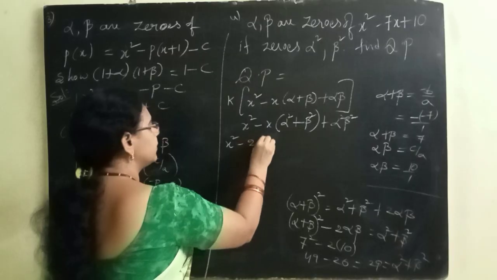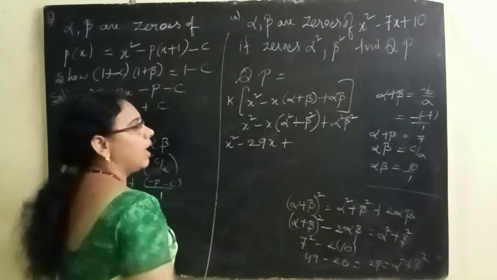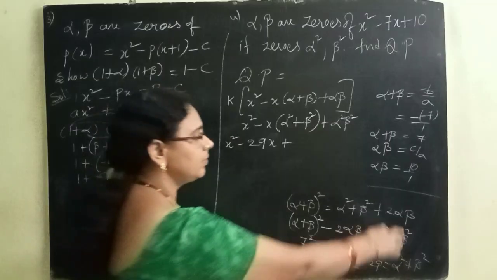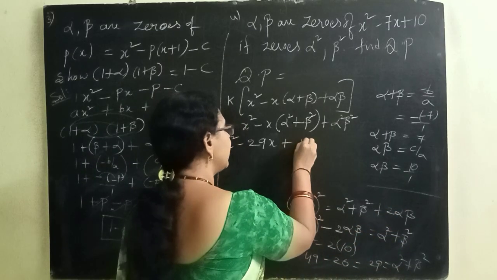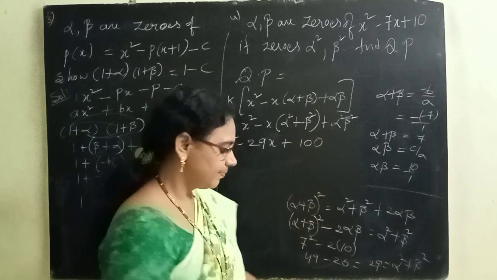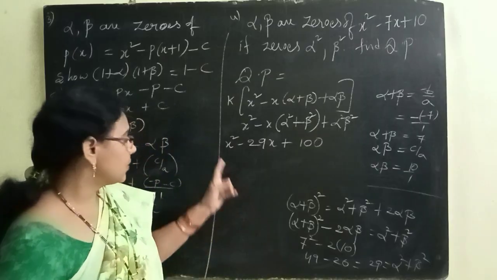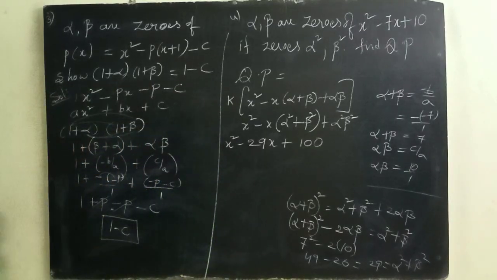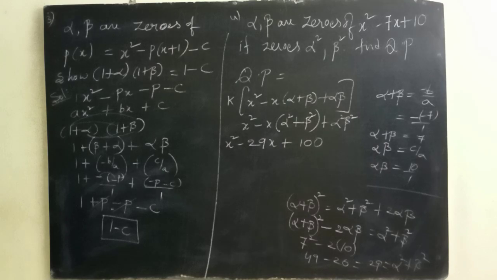Then 29x, and alpha beta whole square. Alpha beta we already know is 10. 10 square is 100. Did you understand? So x square minus 29x plus 100 is the quadratic polynomial. Did you understand? Like that.